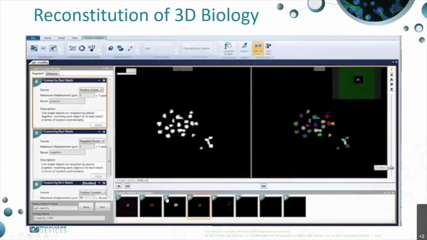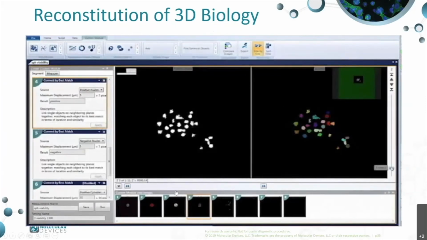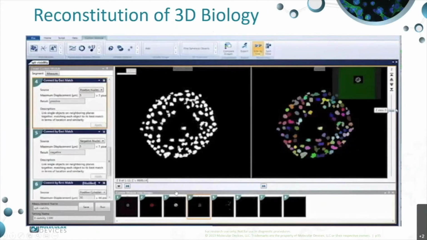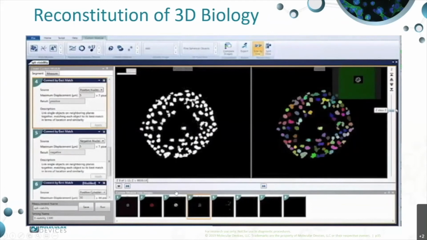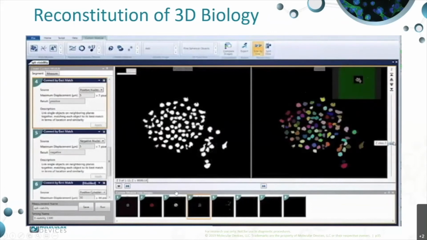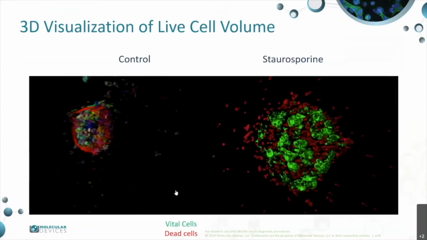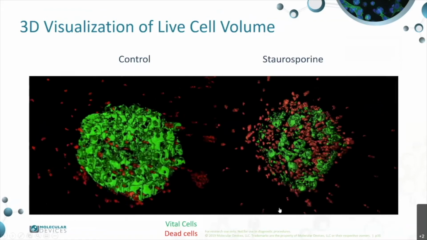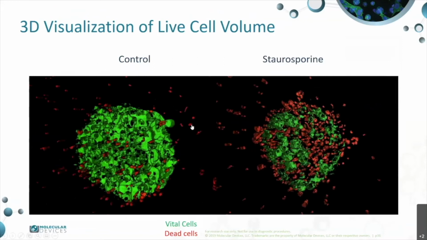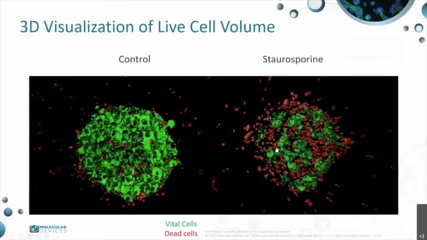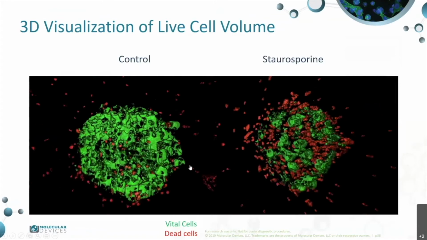So then you can do similar analysis of each of these stacks, and then software converts this information into 3D space and gives you volumetric measurements about the objects. So here you can see two spheroids, one control and one treated with staurosporine, and you can see nuclei in red and cytoplasm in green, viable cytoplasm which is stained with calcein AM.